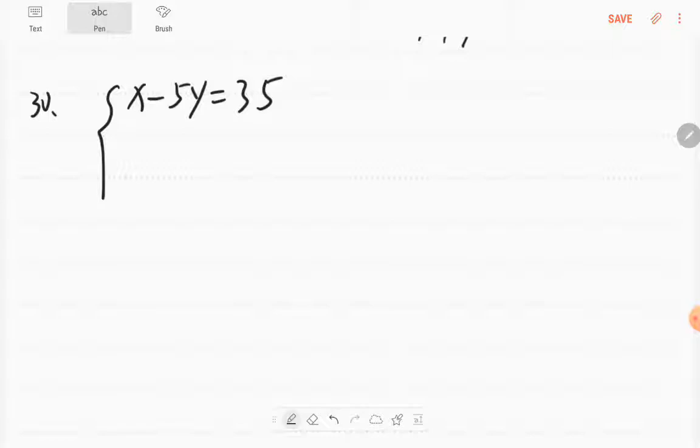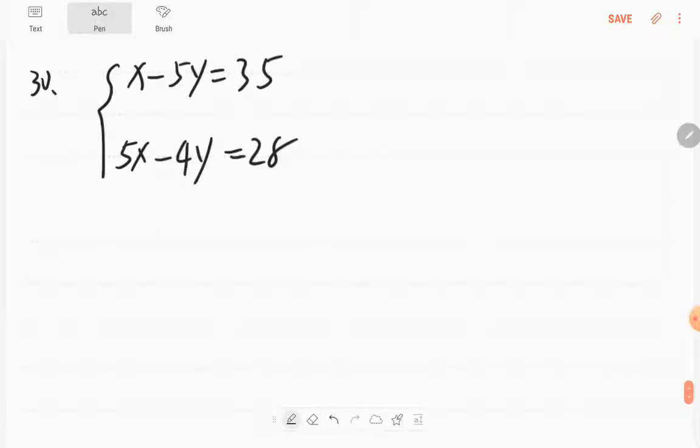The last one, so we want to solve this: x minus 5y equals 35, and 5x minus 4y equals 28.